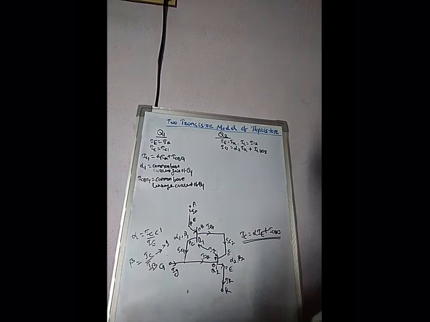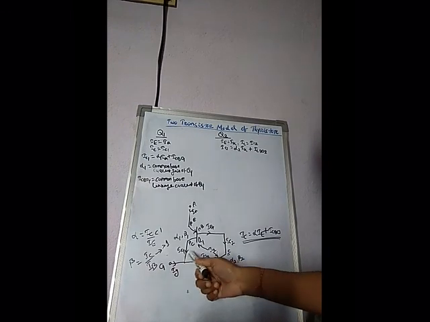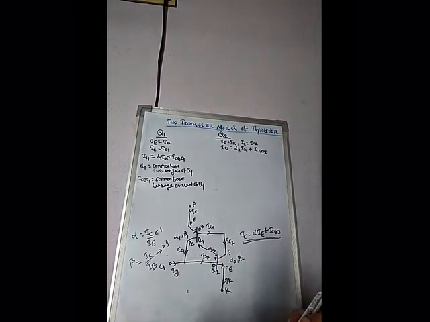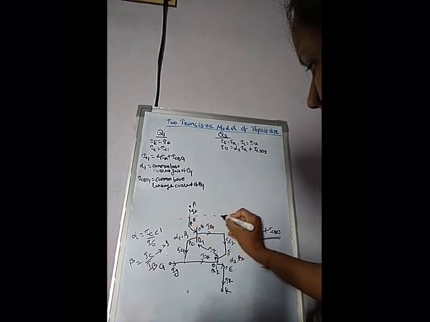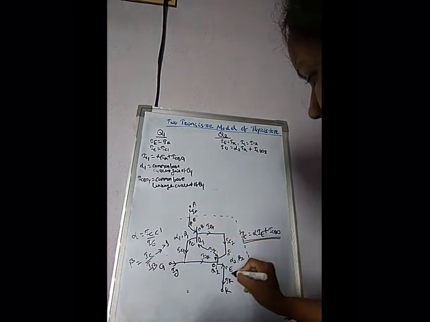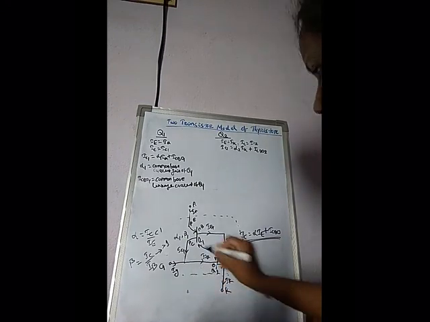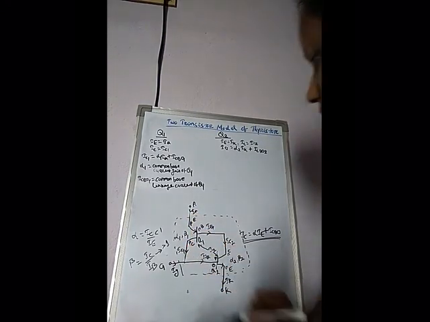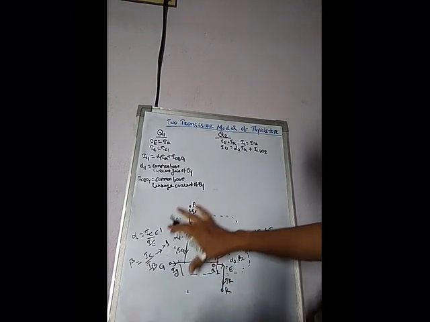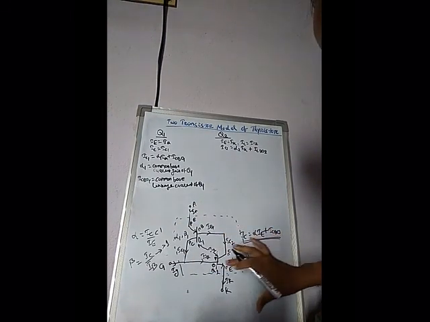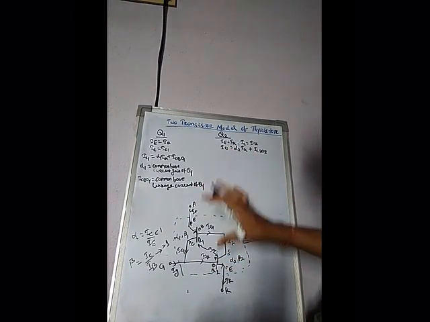So the sum of these two collector currents, IC1 and IC2, is equal to the external circuit current IA. See, this is IA. If I take this whole part as the inside of the thyristor, because the thyristor has only 3 terminals, anode, cathode, gate, then these two transistors are inside this thyristor.